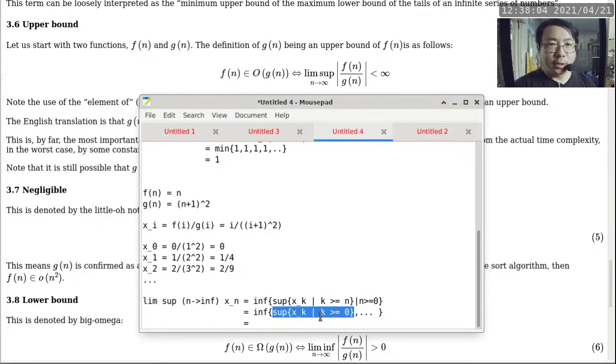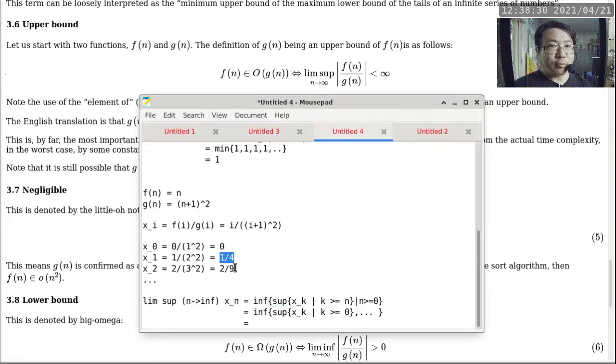So what do you think this number is going to be? And remember, we are taking the maximum in this case. What do you think that's going to look like? Well, just look at these 3 numbers that we have already worked out. Of these 3, which one is the maximum? The 1/4 is going to be the maximum of these 3, right?